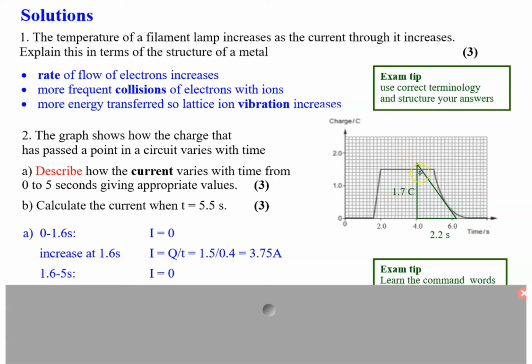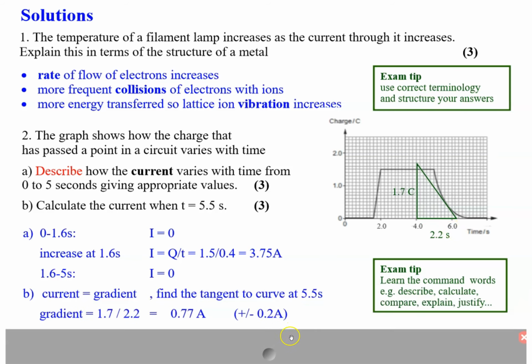So we draw a line, create a triangle, and work out the gradient of that triangle. I got 1.7 vertical and 2.2 horizontal for the time, so we can work out the gradient. I got 0.77. Clearly, there's going to be room for error here.